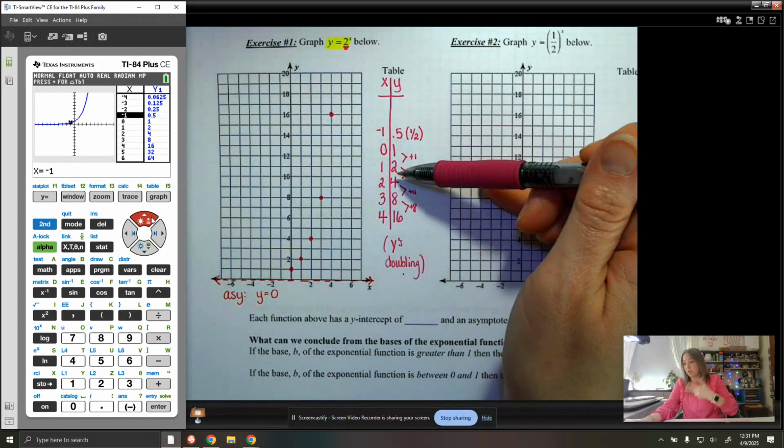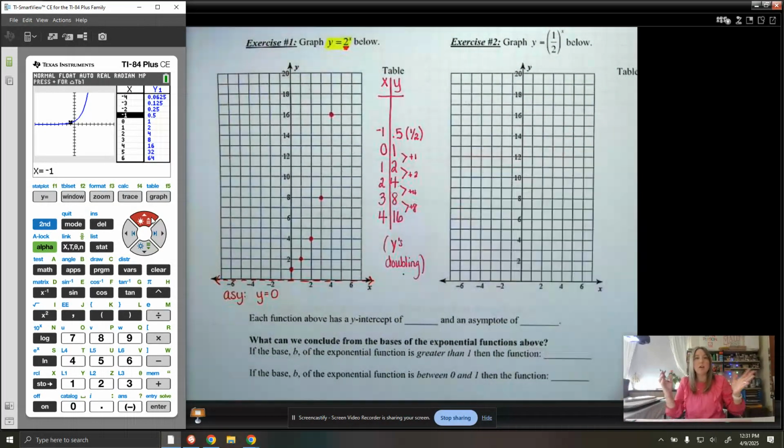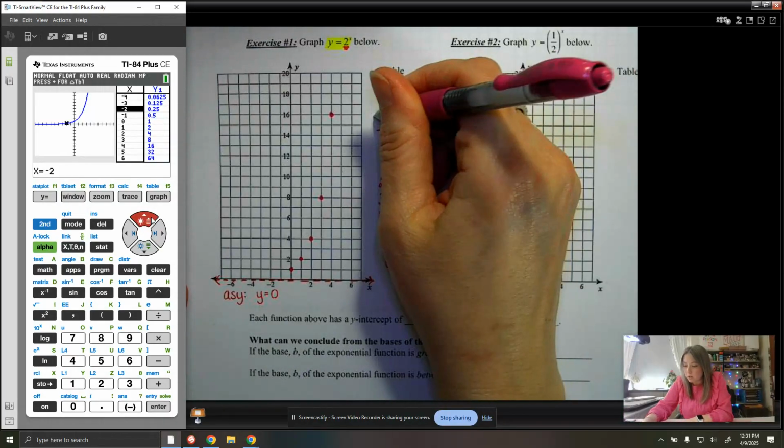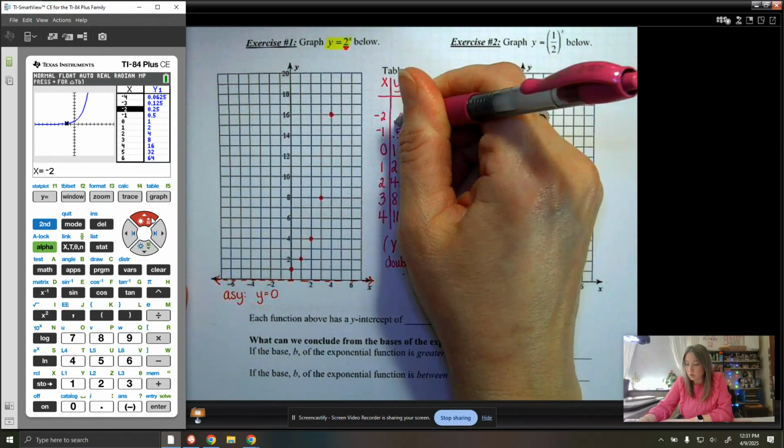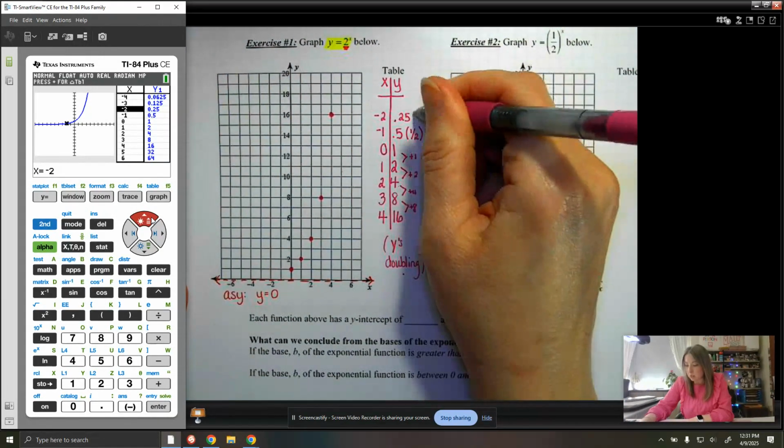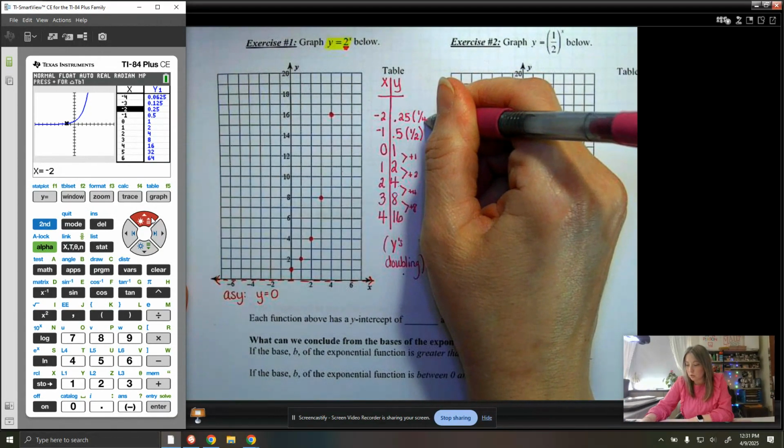Oh, and then I double that to get 2, and then I double that to get 4. Interesting. So then if we're heading backwards in this function, let's go back a step and think about negative 2, 0.25. Well, that's the same as 1/4.